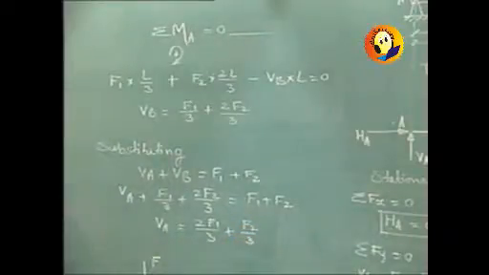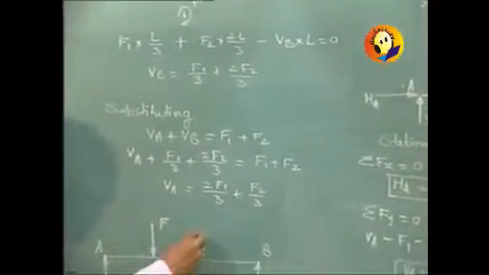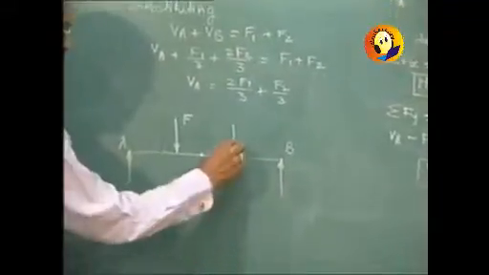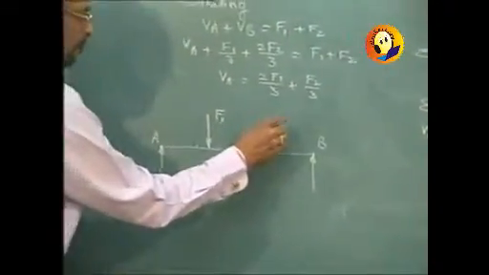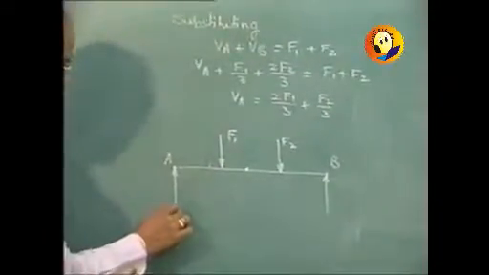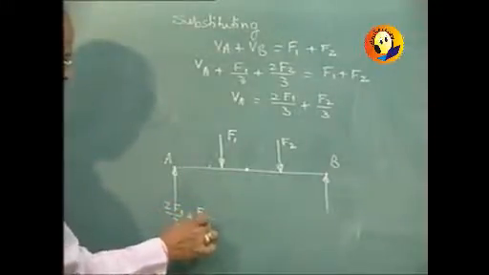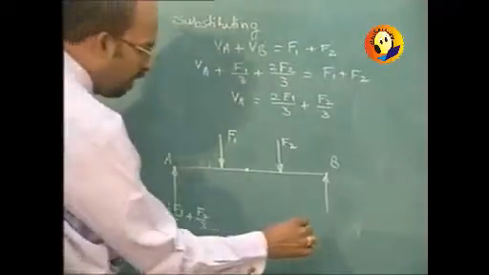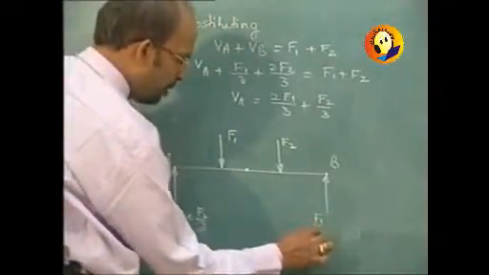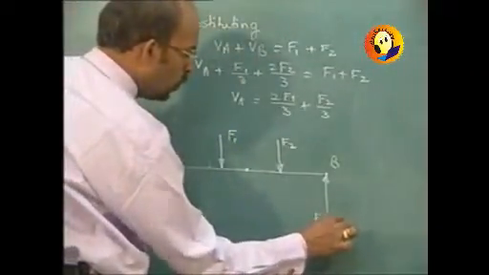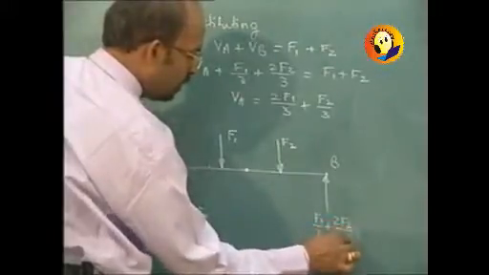And so the final answer, as we represent it in the diagram form, we will have two forces, F1 and F2. VA is 2F1 by 3 plus F2 by 3, whereas VB will be F1 by 3 plus 2F2 by 3.